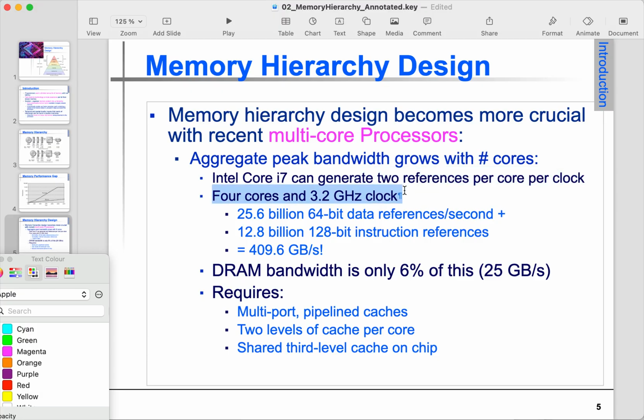If we have 4 cores and a 3.2 gigahertz clock, we would end up with 25.6 billion data references per second if we are using a 64-bit computer, and 12.8 billion as 128-bit instruction references.